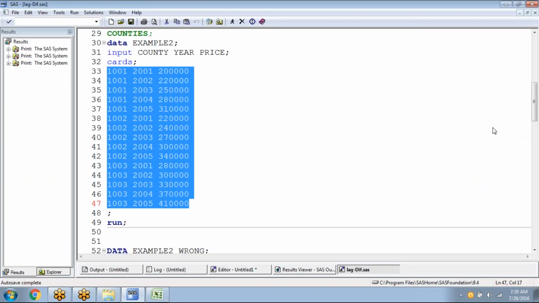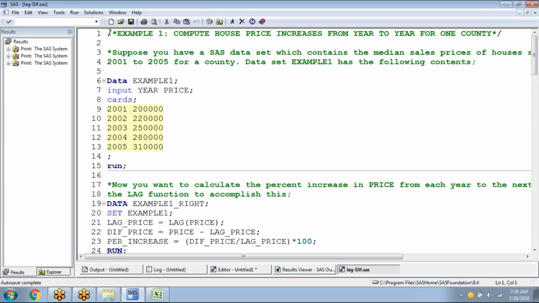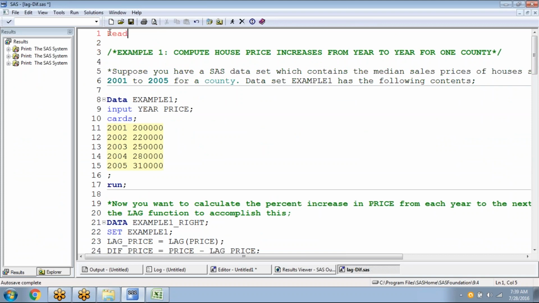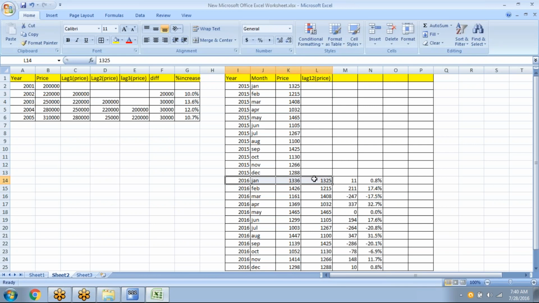If anyone asks you what you mean by lag, generally in interviews they'll ask in this way only: how do you read previous observation values in the current observation? So this is the question. What we are trying to do here is, in the current observation, read the previous observation values. Okay, so this is how it helps.